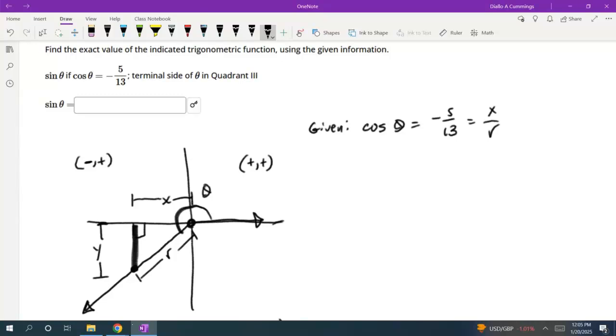So remember that r always has to be positive. So whenever you're dealing with a negative number, that negative value is in the numerator. So given this cosine value of -5/13, I know that x is -5 and r should be 13.